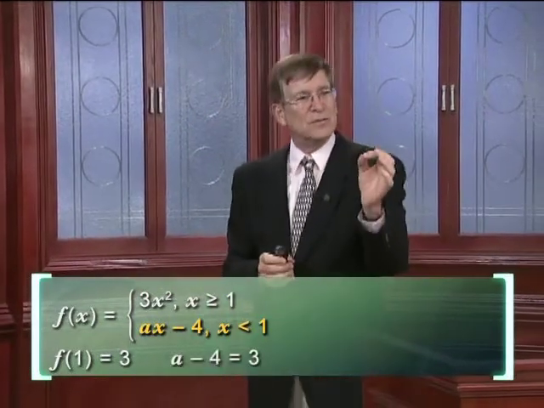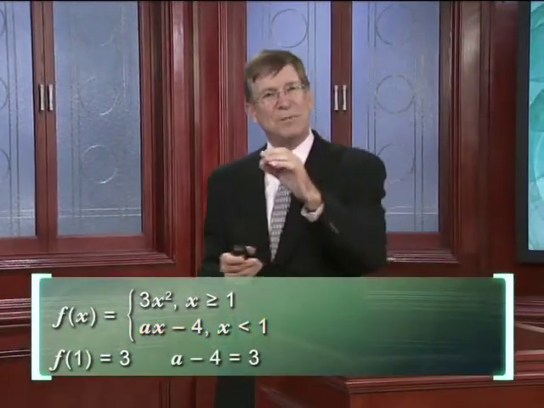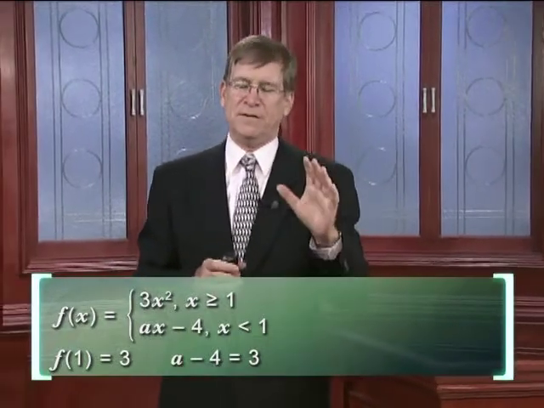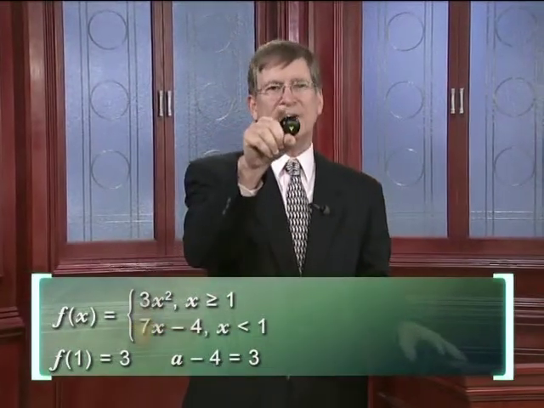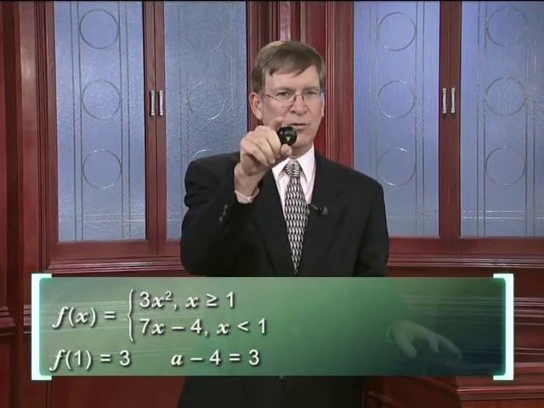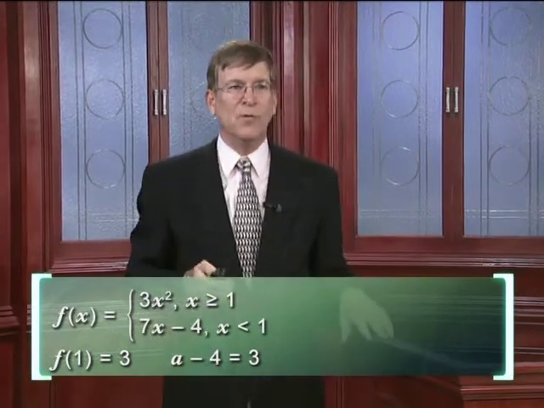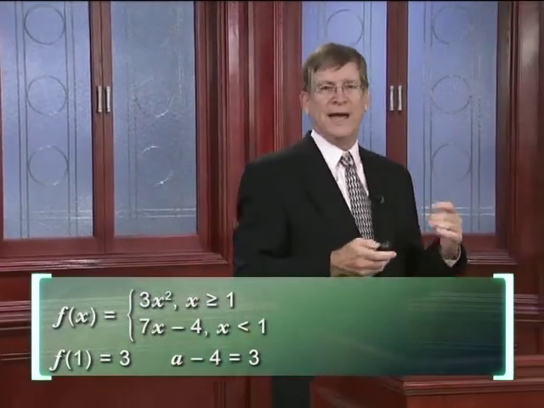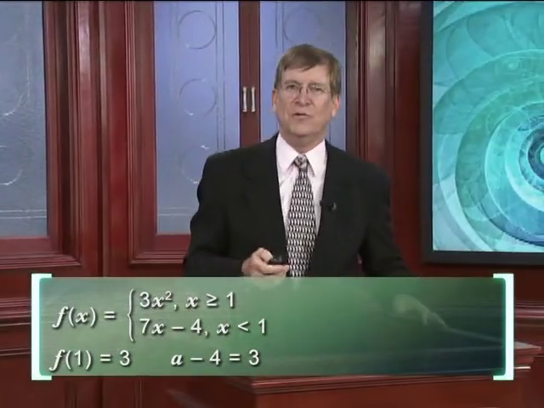So a minus 4 has to be 3. That implies that a is 7. So if you put 7 for a, the second rule becomes 7x minus 4, and now you have a function that's continuous. I invite you to graph that at your leisure.